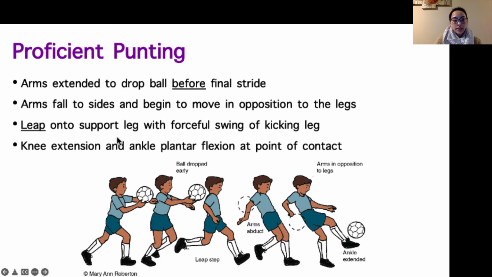That leap would result in a more forceful swing of the kicking leg, thus a more forceful kick. Ball travels a farther distance. Lastly, in proficient punting, usually we notice knee extension and ankle plantar flexion at the point of contact. So less kicking with the tips of the toes, more kicking with either the top of the foot or the instep.